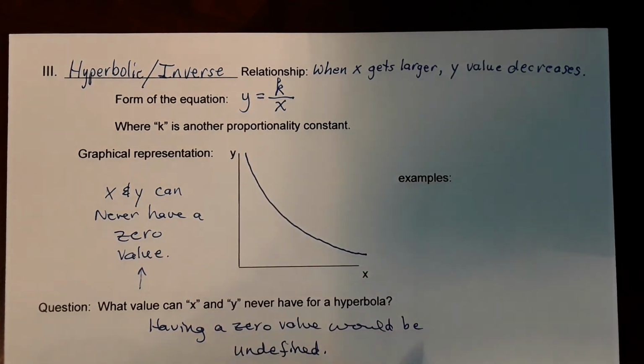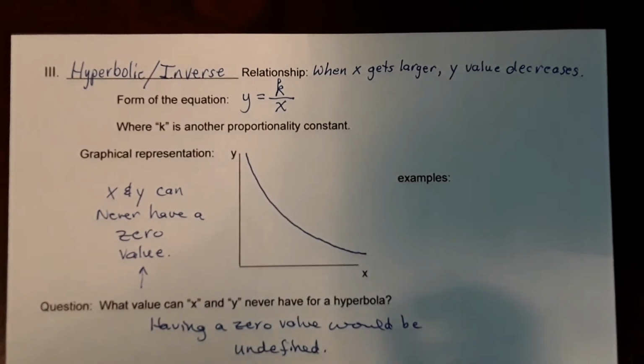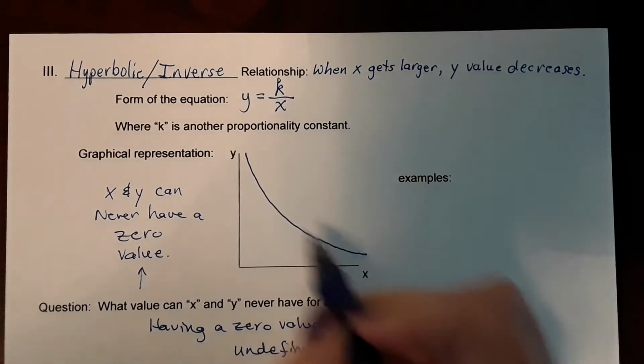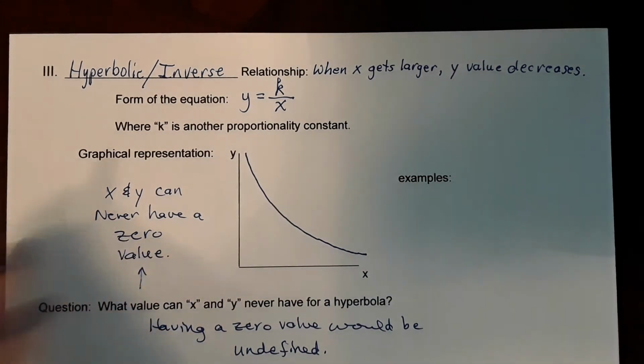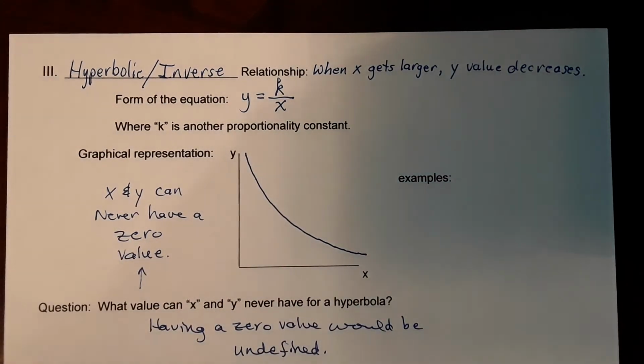Now, just out of curiosity, I want to know what happens to these sides as they go closer and closer to the x-axis if they can never be 0? Well, they just continually get closer and closer, but they never actually touch the axes.